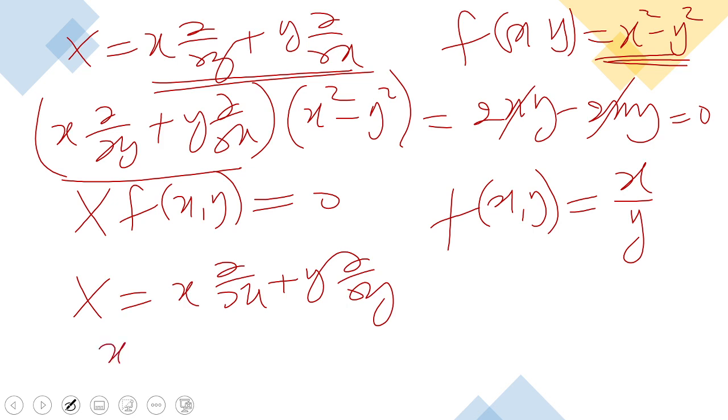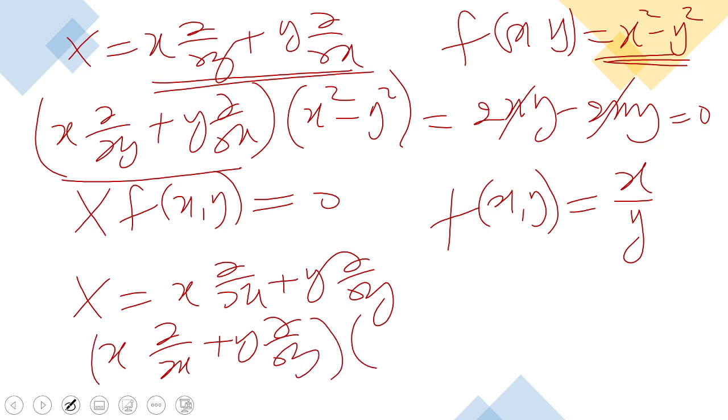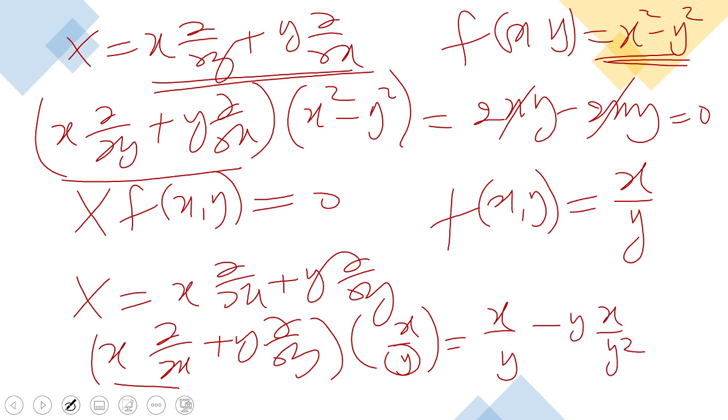So when you operate x ∂/∂x plus y ∂/∂y on x over y, you will see that it gives x over y when I operate this term, then minus, because I have to differentiate y, which is in the denominator, that will be y times x over y square, so one will cancel and you see it is 0.